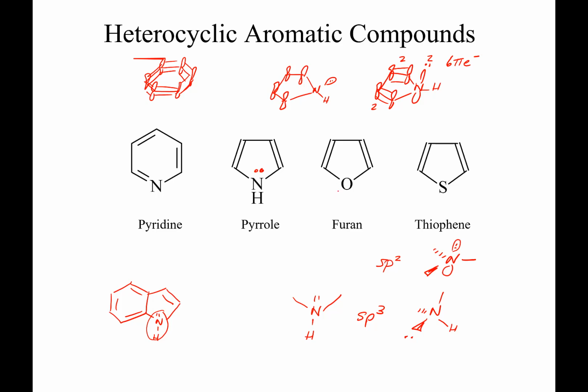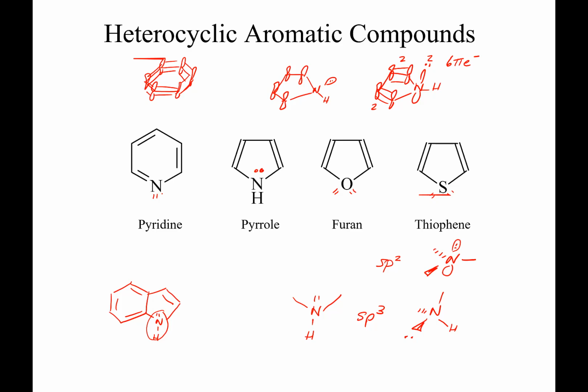And if you look at this oxygen, this sulfur can also do something like that. That nitrogen already has a pi bond associated with it. So that's where heterocyclic aromatic compounds kind of differ, is they have that ability to choose.